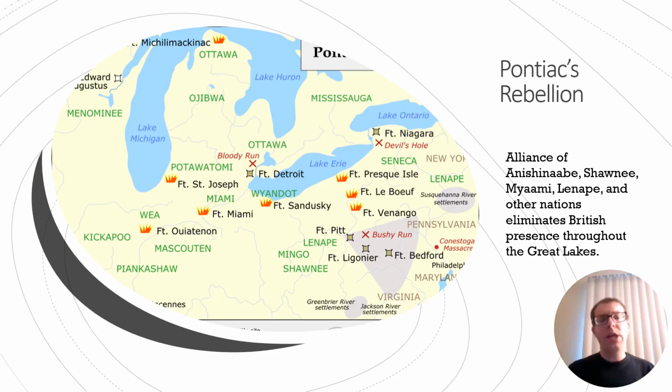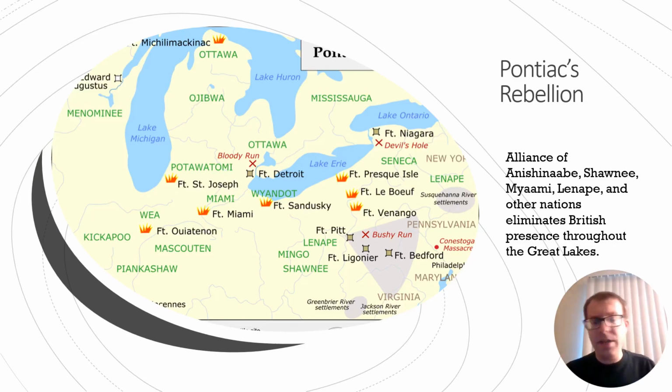And so many prominent leaders at the time began to organize against the British. A Lenape prophet by the name of Neolin begins arguing that Native nations haven't actually received many benefits from trading with Europeans.